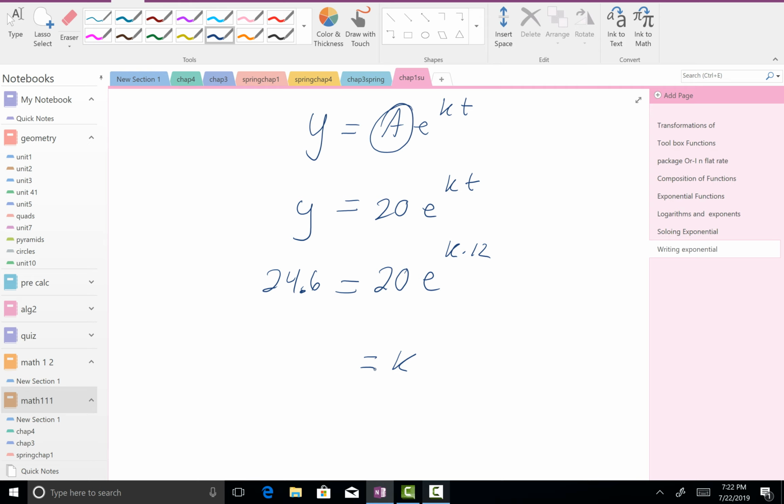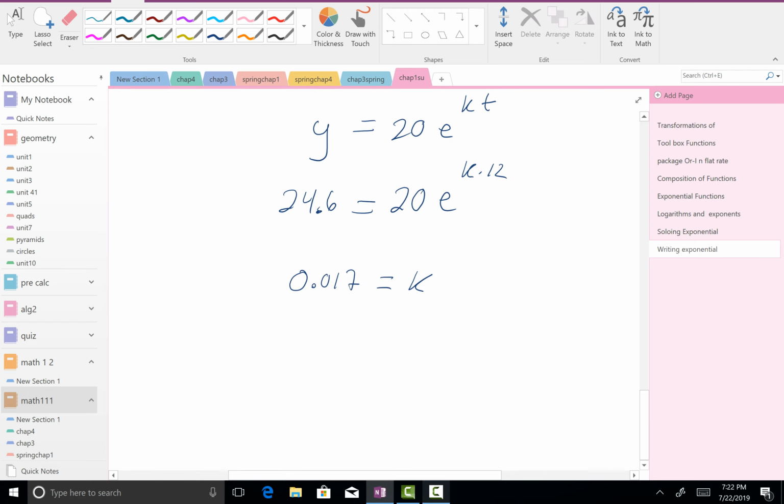I'm going to go here. Y equals 20 E to the 0.017x. There it goes, just as I would suspect, goes right through those.